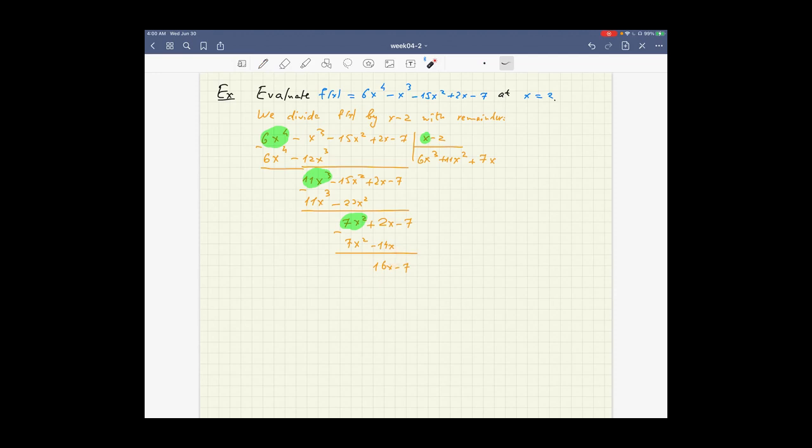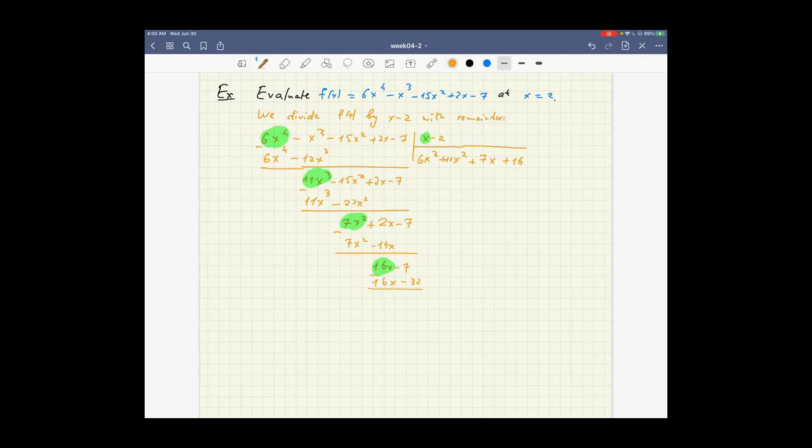The degree of the remainder is 1, which is no less than the degree of the divisor, which is also 1. So the process continues. We divide 16x as the leading term of the dividend by x, which is the leading term of the divisor. So 16 will be the next and the last term in the quotient. And now multiplying 16 by x minus 2, we get 16x minus 32.